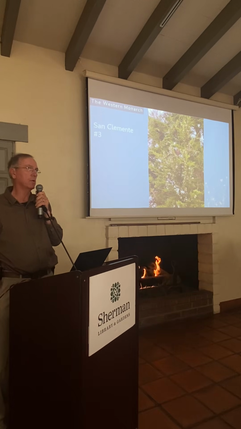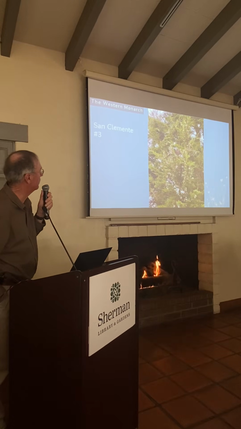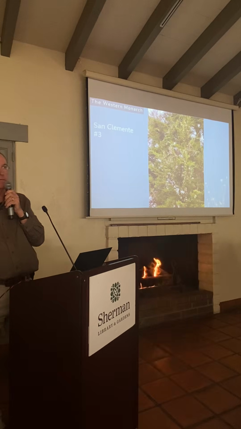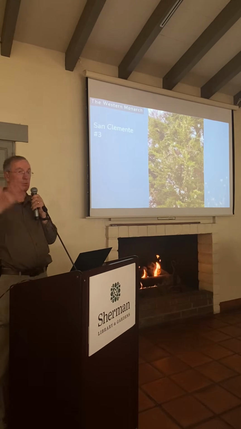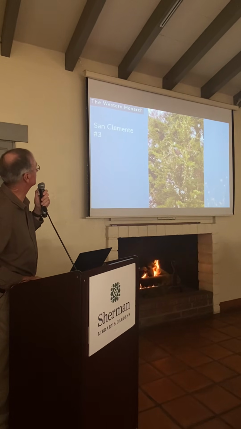There's about 200 to 300 monarchs clustered on that Monterey cypress. One of the biggest colonies we've ever found in Orange County, and it's on my boss's garden. So that's really cool.